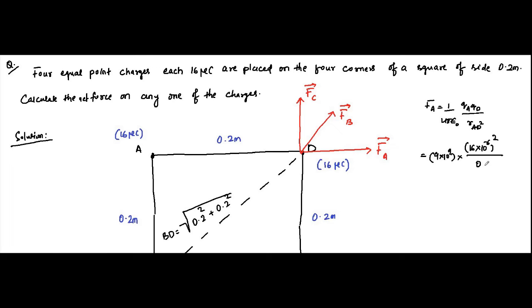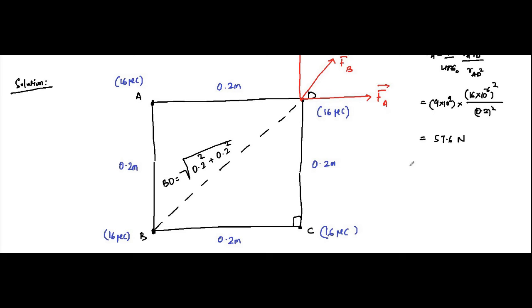RAD is 0.2 whole square. That value, if we calculate, is coming around 57.6 Newton.